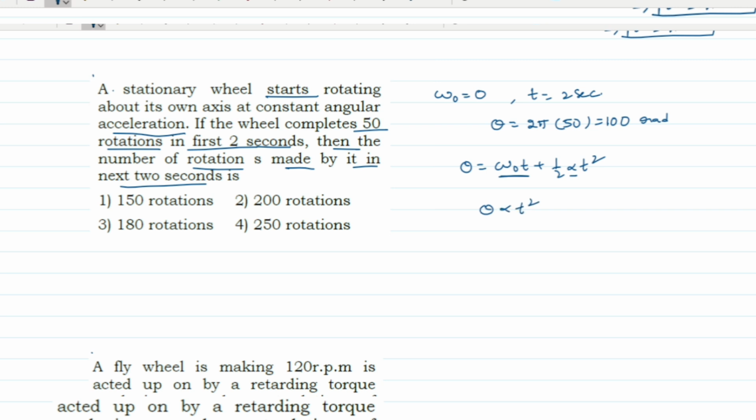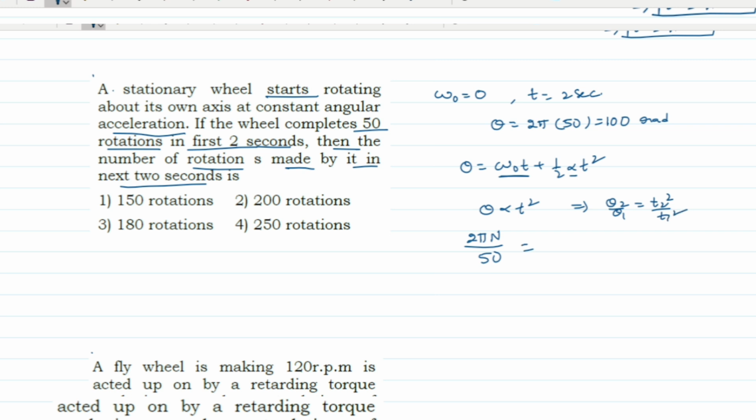So theta is nothing but 2 pi n, where n is the final number of rotations. Initial number of rotations is given as 50, so theta 2 by theta 1 will be equal to t2 square by t1 square.